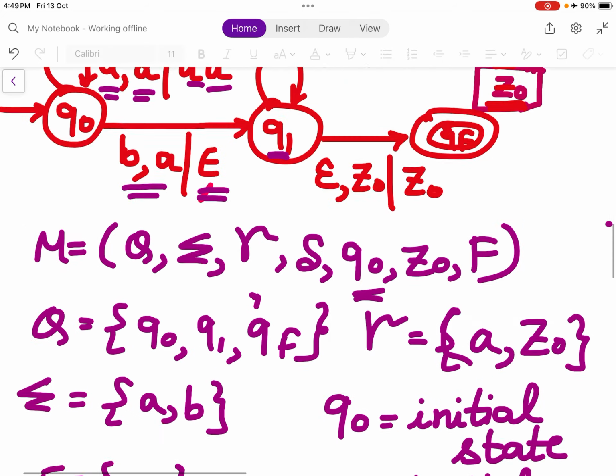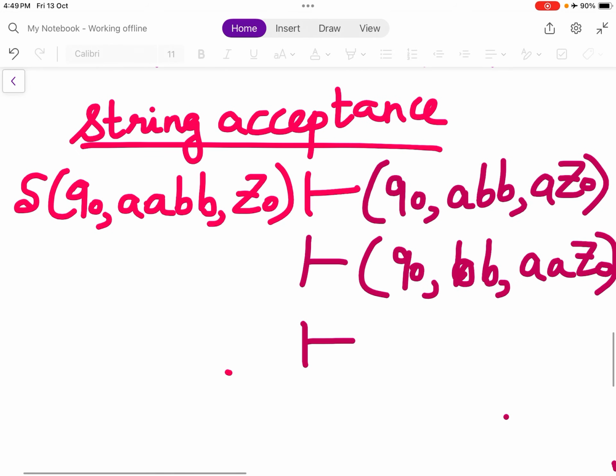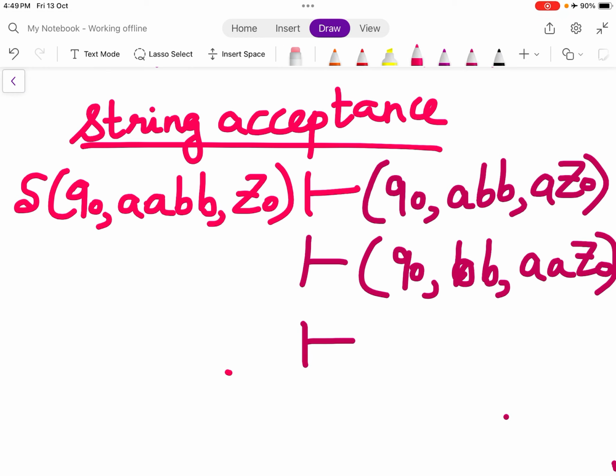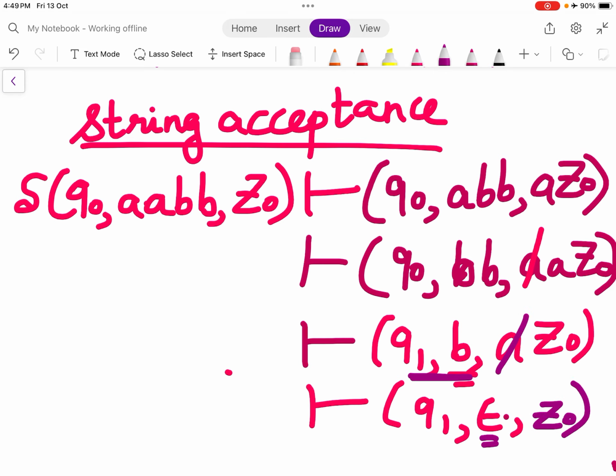Q0 on B goes to Q1, left with one B, and one A will be popped, so A Z0. Again Q1 on B goes to Q1, epsilon, that means nothing is remaining now, and this A will be popped, so you will be remaining with Z0.